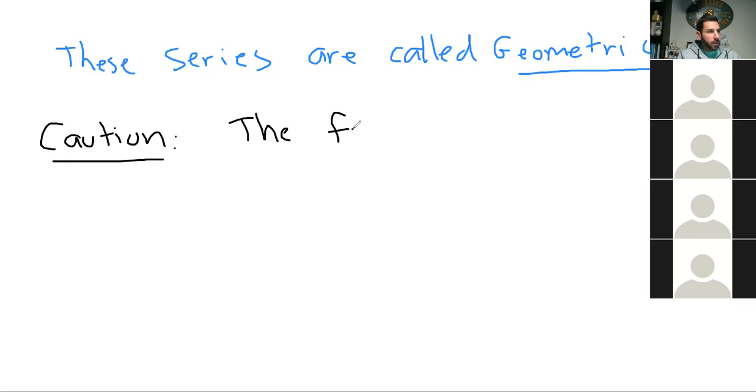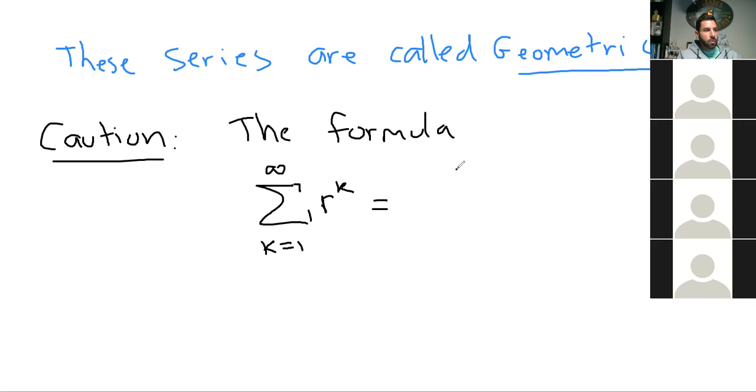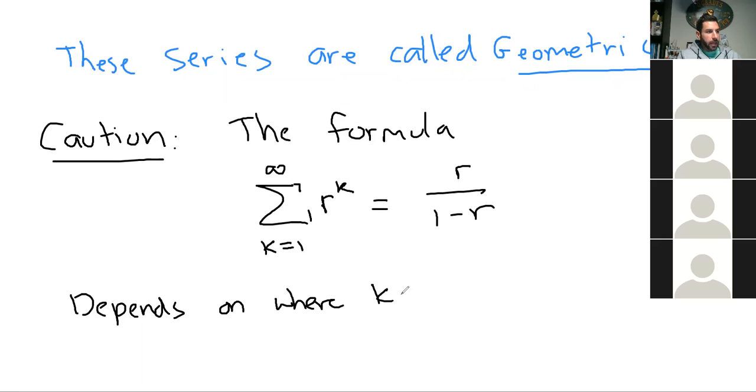The formula we wrote down before, r to the power k, this formula, r over 1 minus r, depends on where k starts.